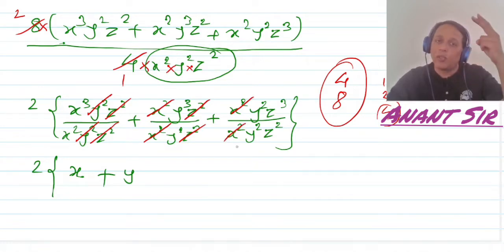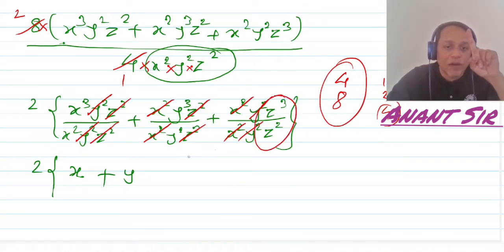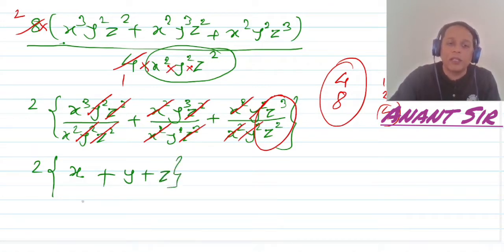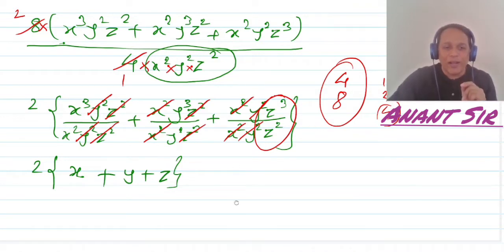There are 2 in the numerator, 2 in the denominator. Y square gets cancelled. 2 in the numerator, 2 in the denominator. Z is 1 more in the numerator. So we can write this as x plus y plus z. There is nothing in the denominator. If you want, you can write whole divided by 1. But that is not necessary. Okay. So this is our final answer, friends.